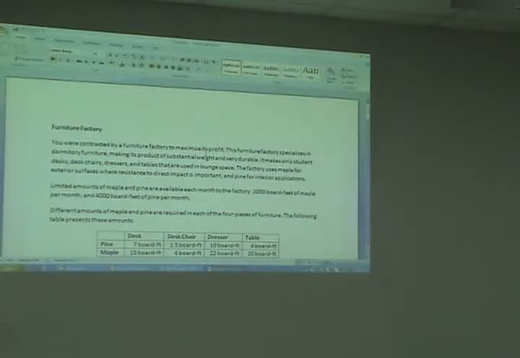This furniture factory specializes in dormitory furniture, making its product of substantial weight and very durable. It makes only student desks, desk chairs, dressers, and tables that are used in lounge space. The factory uses maple for exterior surfaces where resistance to direct impact is important, and pine for interior applications.